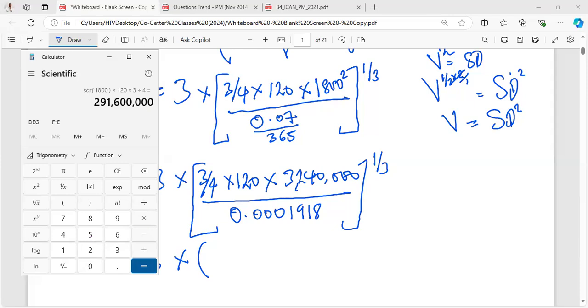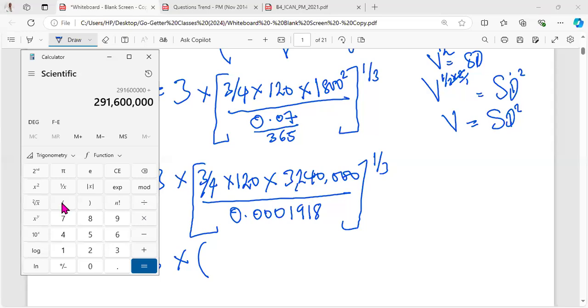Then let me bring this whole thing here. Let me copy the whole of this. Okay, I know what to do. This is 0.07 divided by 365. I can achieve it here. How can I achieve it here? I will just say divided by, I'll open a bracket to handle that.